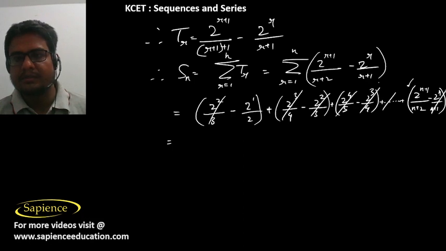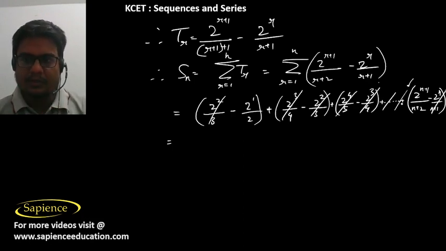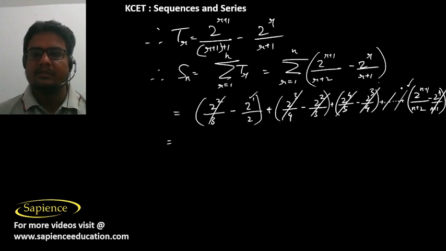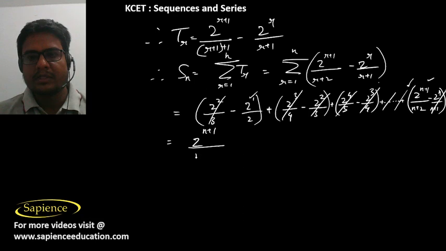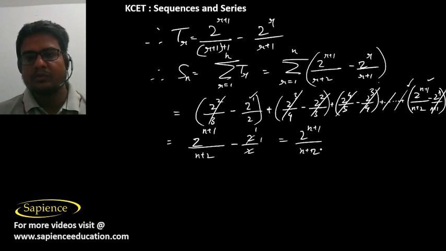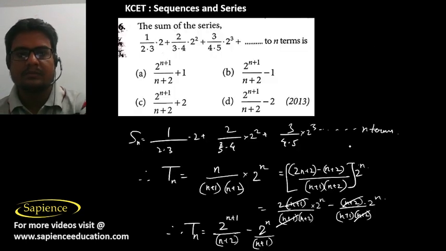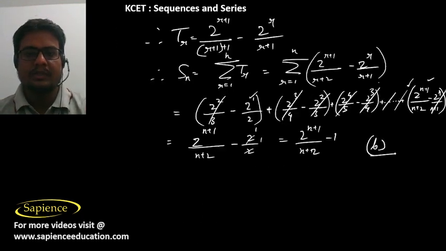So all these will cancel. Only this term and this term will remain. So that will be 2 power n plus 1 by n plus 2 minus 2 power 1 by 2, that is 2 by 2, that is 1. So this is 2 power n plus 1 by n plus 2 minus 1. So option B is the correct answer.